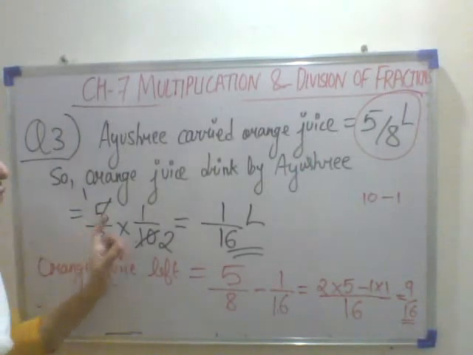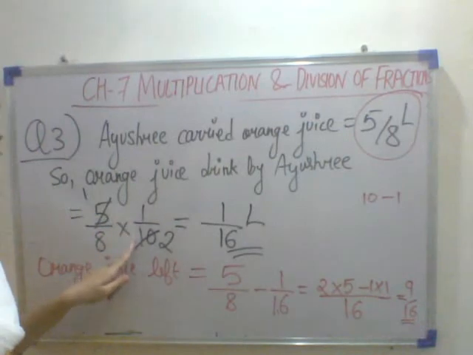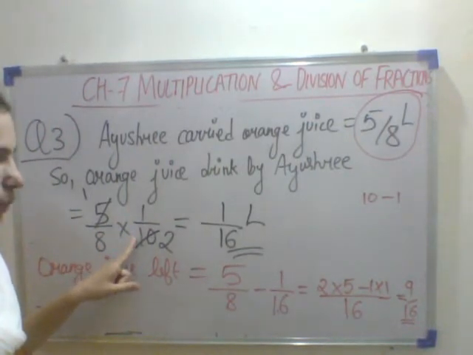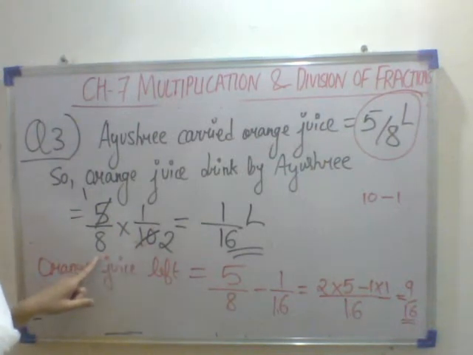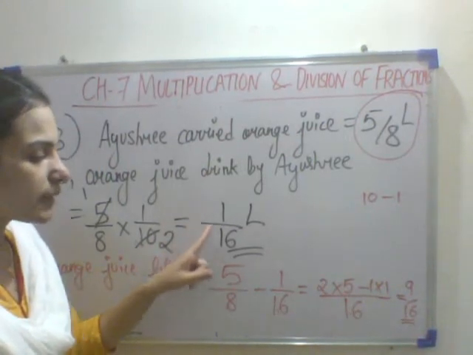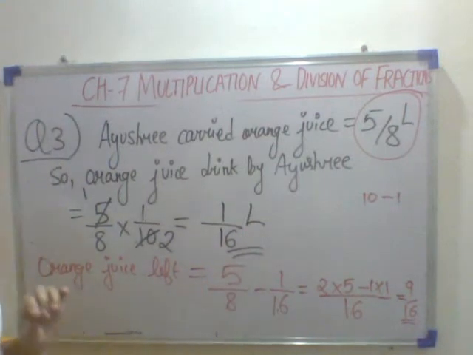So what we have to do? We have to multiply 5/8 with 1/10. This 1/10 value is also given in the question. If you multiply these two fractions, you will get 1/16. So 1/16 liter of orange juice is drunk by Ayushri in school.